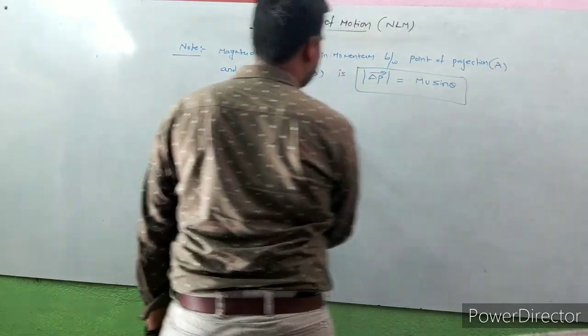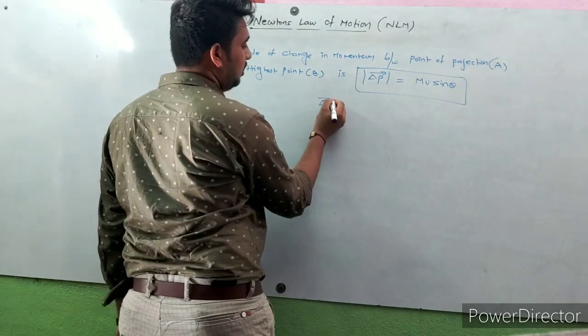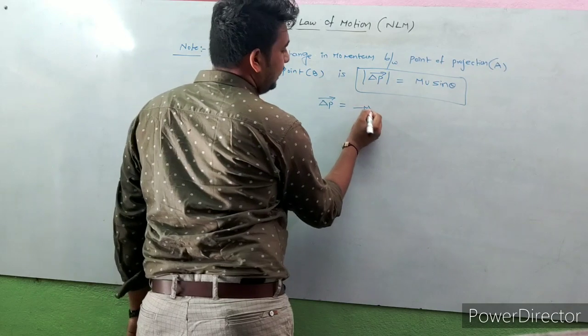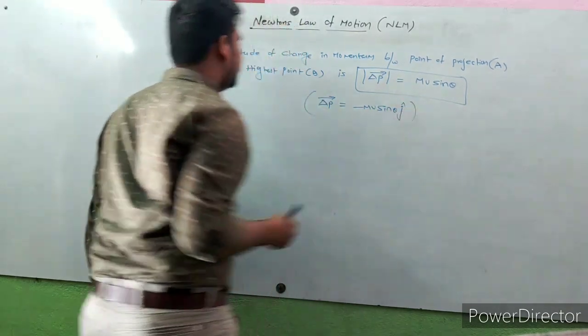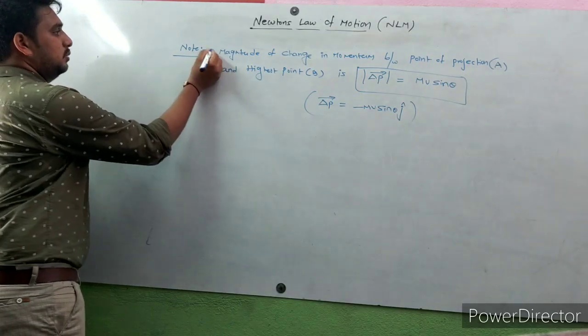In vector form delta P bar is equal to minus mu sin theta j cap. Okay, so this is the first note point.